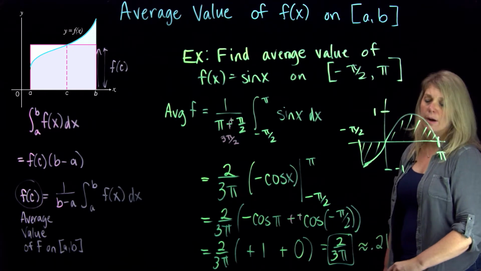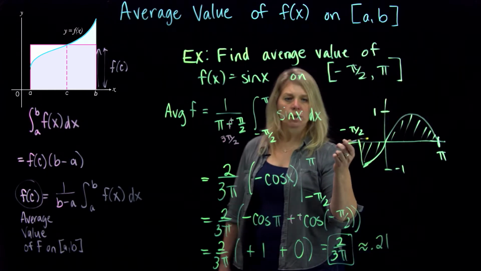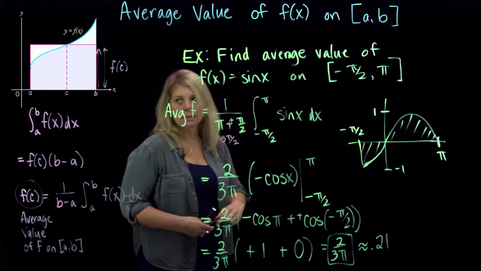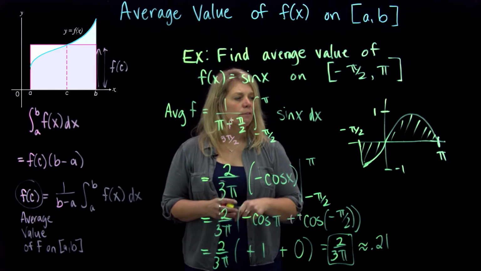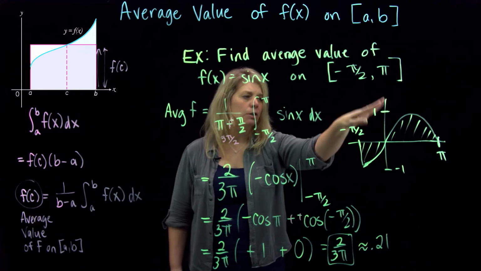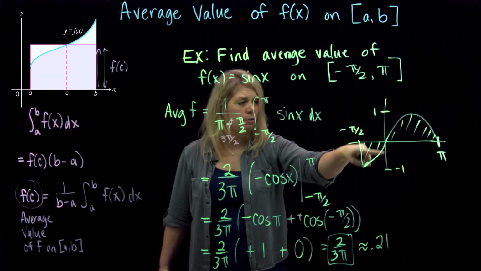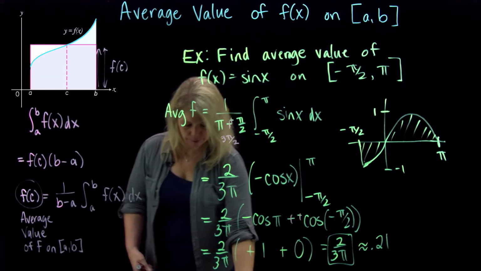Okay, so what that means in terms of my graph is that just like the graph that's in the picture over here, I can find the average height, or in this case, average value of the function on that interval.